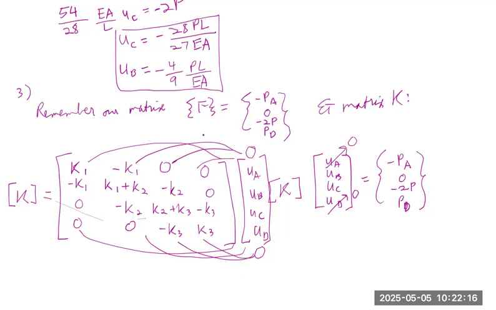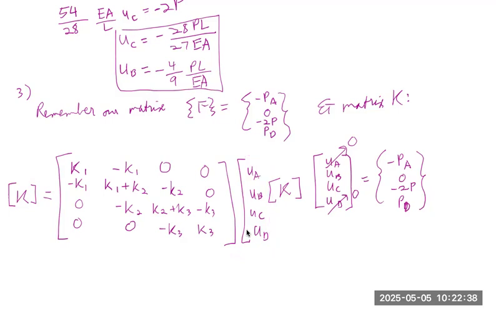So the only rows that are going to be left are these two rows over here, and those are the rows that we are going to be using. Sorry, the K matrix is obviously not equal to this, so I replaced it with an arrow showing you the next step in the process.